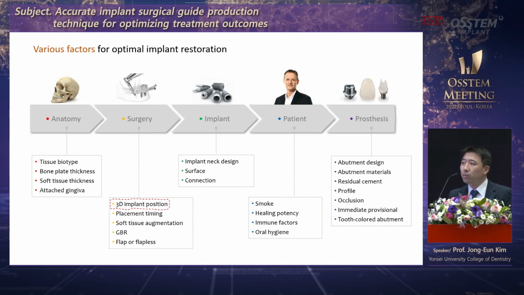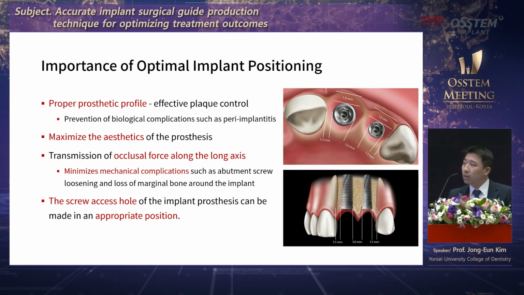Before I move on to surgical guide, we need to have the basic understanding of what implant needs to be placed, and based on our knowledge, you need to realize that using the three-dimensional guides, the optimal position.